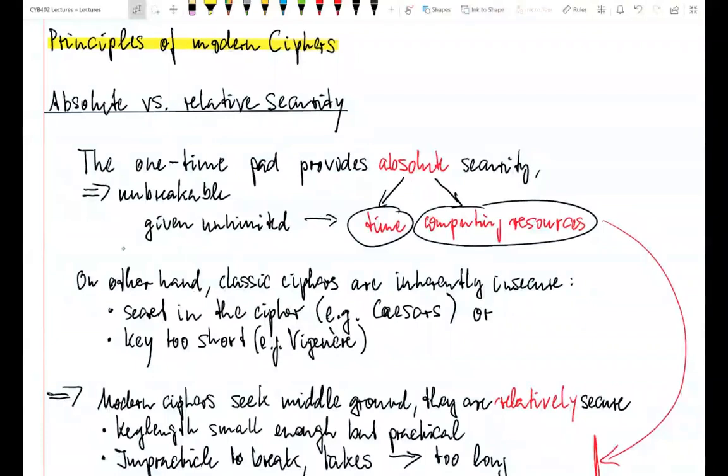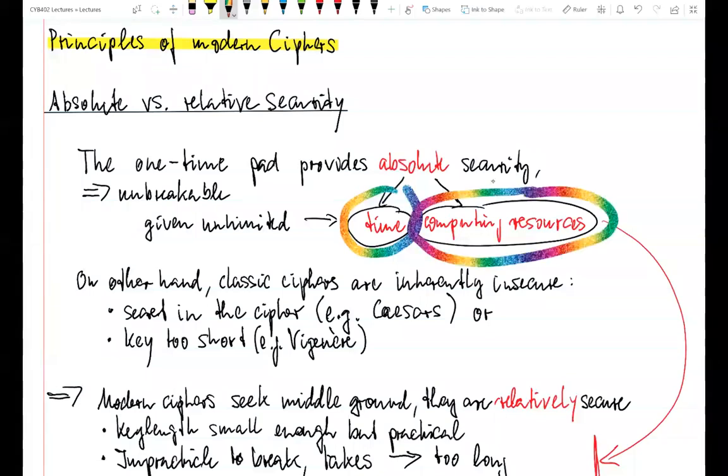So the first idea is absolute versus relative security. What you saw is that the one-time pad provides absolute security. So what does it mean? It means that the cipher is absolutely unbreakable given any amount of time, any amount of computing resources.